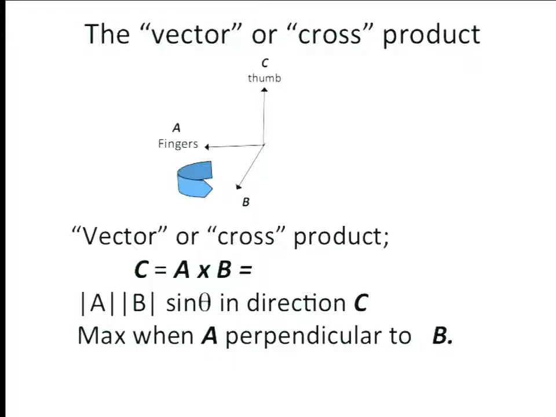But my way, and I illustrate on this slide, is you put your fingers in the direction of A. So I'm trying to find C as the cross product of A and B. I put my fingers in the direction of A, I turn them in the direction of B, I'm thinking of B as coming out of the blackboard, and my thumb will point in the direction of C. That's the way I do it.